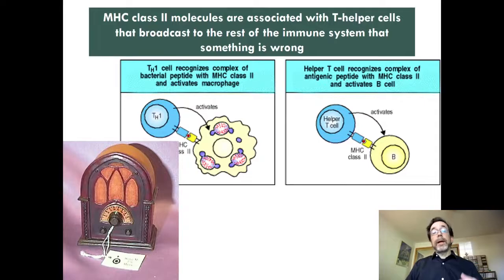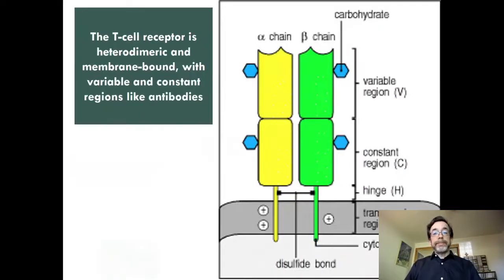T helper cells are like the radios that they don't kill, they aren't armed, but they send messages that say, activate the immune system, and hey everybody, come over here, and we're going to all fight this thing. By the way, these messages sometimes are associated with cytokine storms and things like that. So all these branches of immunity are interrelated in cycles of cells activating and deactivating, and B cells have to check in with T helpers to be able to activate.